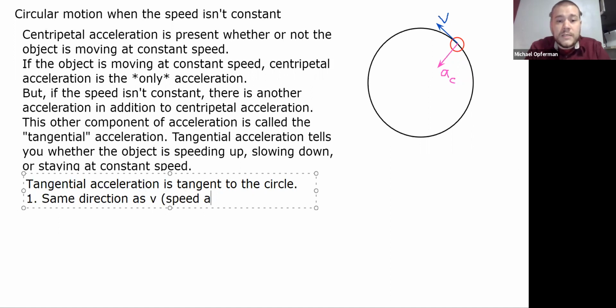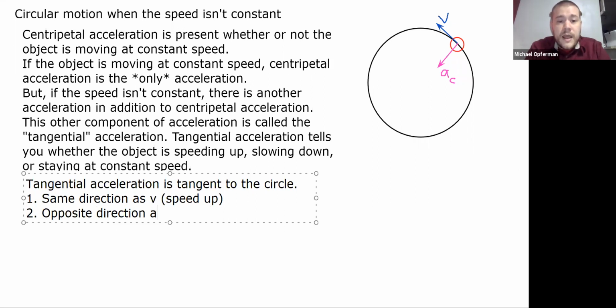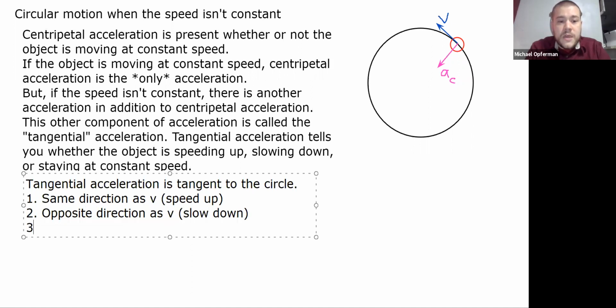This will cause a speed up. It could be opposite the direction of v, and this will be a slowdown. Or it could be 0, and this means constant speed. But notice the acceleration still doesn't equal 0, only the tangential acceleration equals 0.